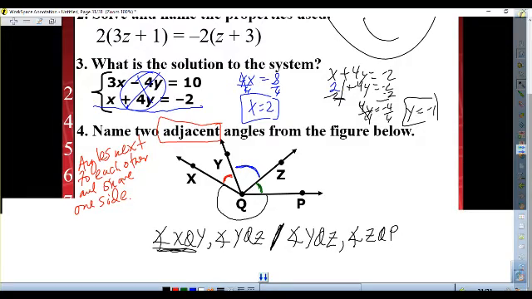All right. And let's do one more just for the sake of it. Which angle is adjacent to angle ZQP? Tell your neighbor, please. Whisper to your neighbor. Thank you, Mr. Q. You're welcome.